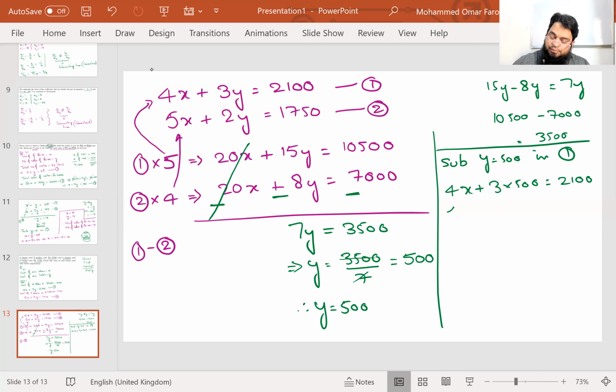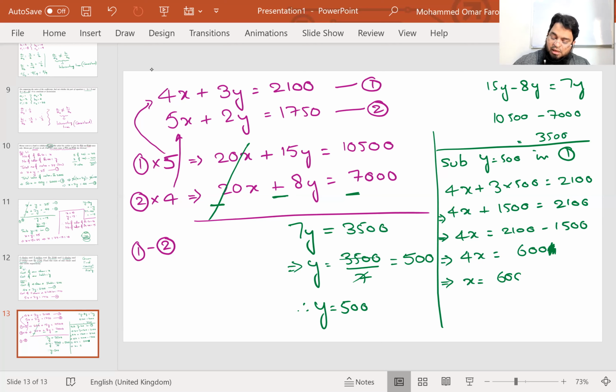So 4x plus 1500 equals 2100, which implies 4x equals 2100 minus 1500, so 4x equals 600. So x is equal to 600 divided by 4, that is 150.